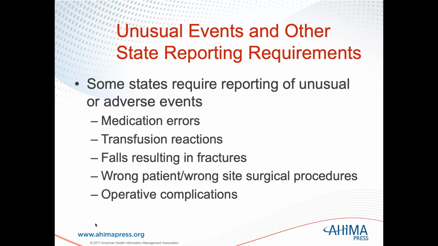An example of an operative complication that you may have to report is, for instance, people who have an abdominal aortic aneurysm. If that ruptures, you can take that patient to surgery, and there's a very, very slim chance that they will be okay, because just by the nature of the diagnosis and the rupture and how it affects the body, most of those patients do not survive, even if you take them to surgery.